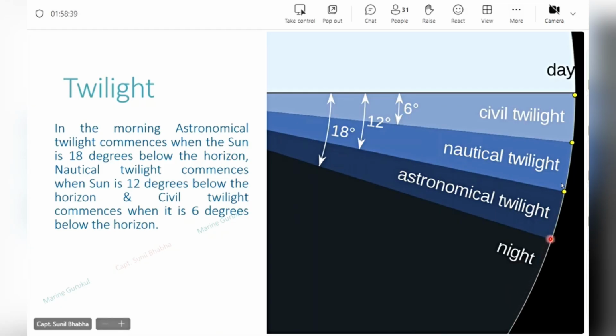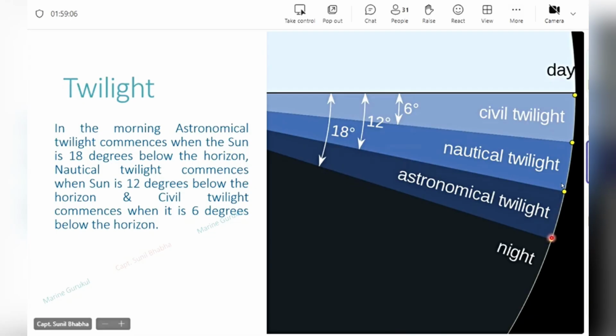Now when the sun reaches this particular point, you can follow the laser pointer on the screen, this point is 18 degrees below the horizon. You can see the angle also mentioned here. The sun has reached 18 degrees below the horizon. Now, this is the instant when the astronomical twilight commences.